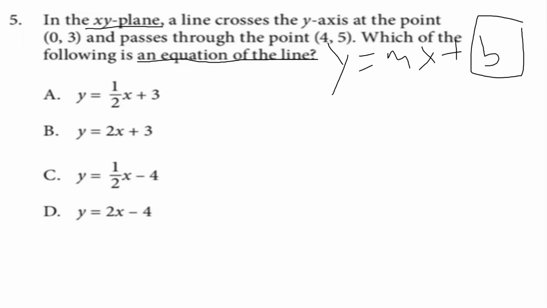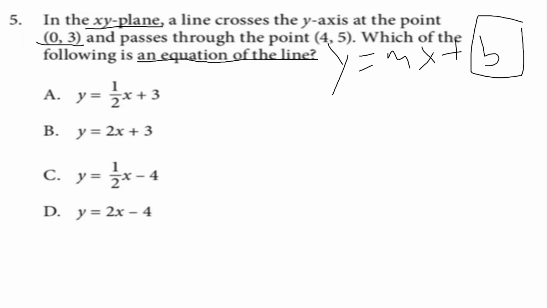And since this problem already gives us a coordinate that has x as 0, we can just use that. We can use (0, 1), (0, 2), (0, 3), but we have (0, 3) in here.